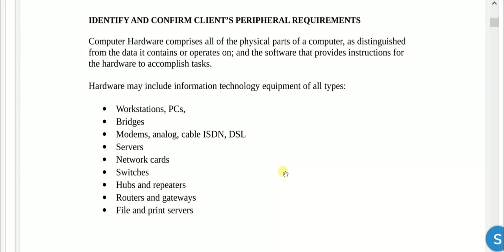We even have server, network card, switch, hub, router, all of those. That talks about file and printer server. All of those are types of equipment that would be needed in a business place that is dealing with information technology.